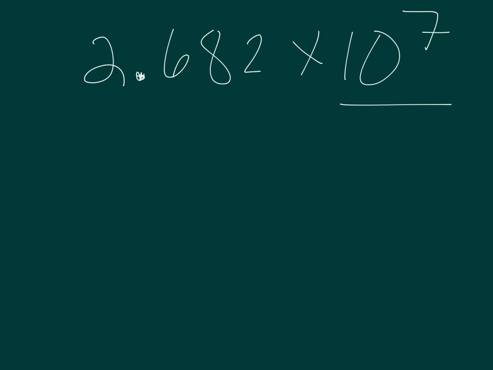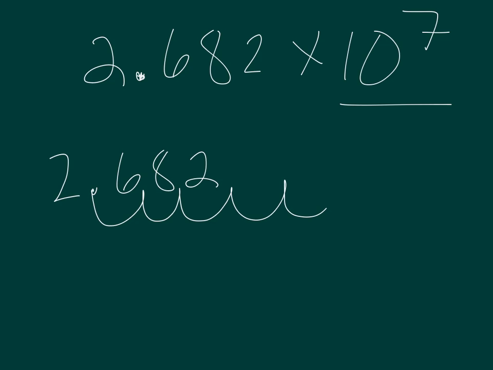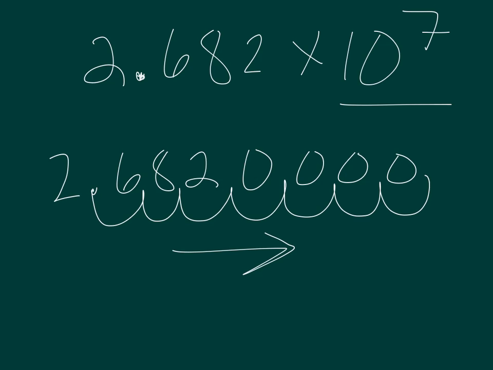So I'm going to go ahead and rewrite this number. This was 2.682. I'm moving the decimal point, or the place value, 7 times. So 1, 2, 3, 4, 5, 6, 7. I can fill in these blank spots with zeros. And I knew I was moving to the right because my exponent is positive, and a positive exponent results in a larger number.